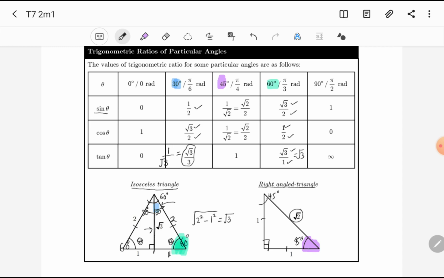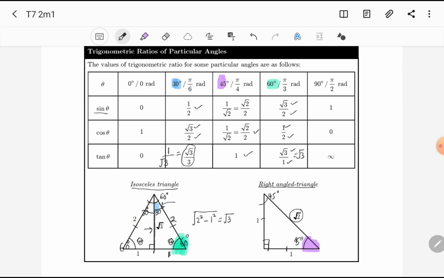Okay, next. Cos 45 is adjacent 1 divide by hypotenuse is root 2. So sama je. Sin 45 sama je dengan cos 45. Okay, and the last one, tangent 45 is 1 divide by 1.